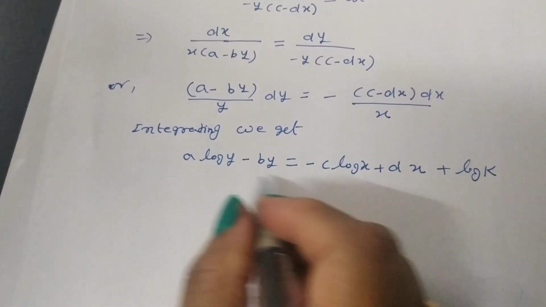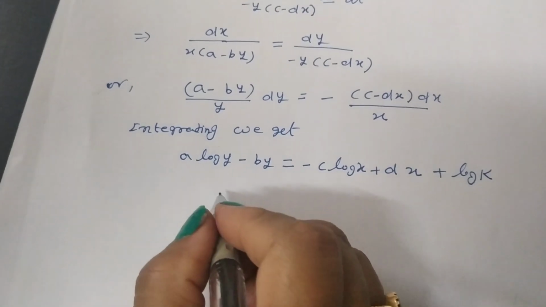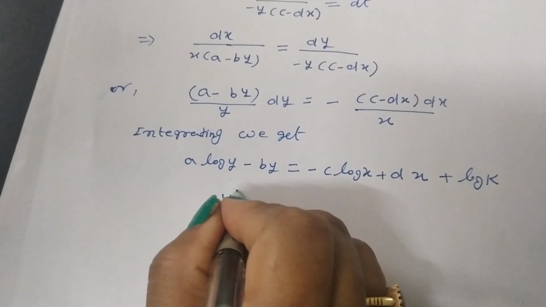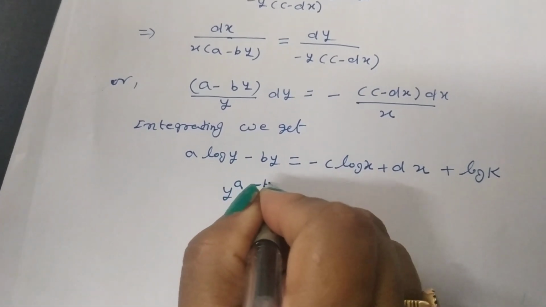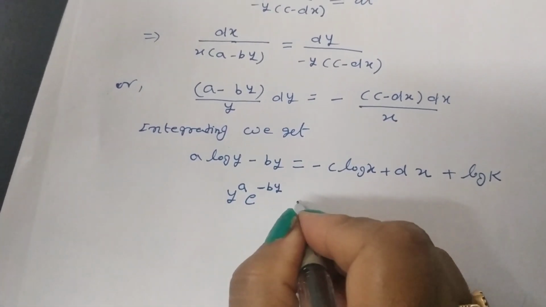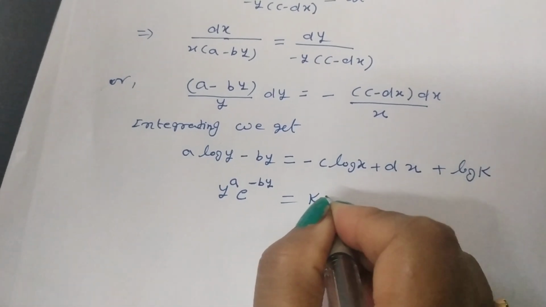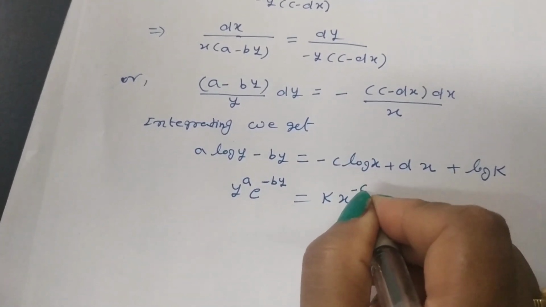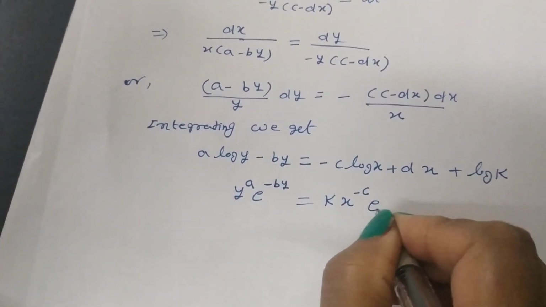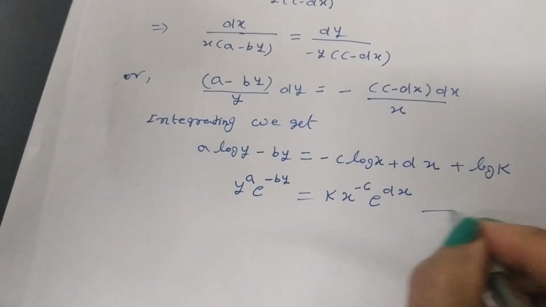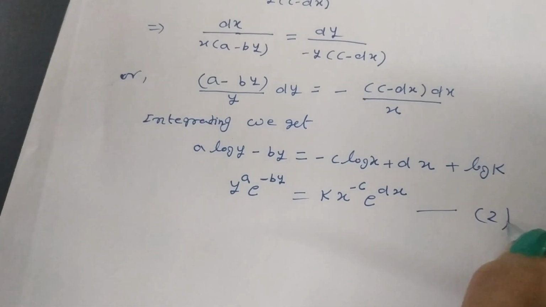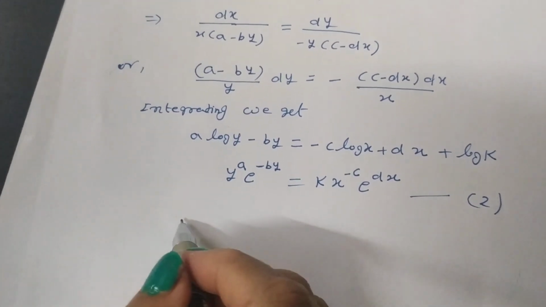So this can again be written in exponential form: y to the power a, e to the power minus by, is equal to k x to the power minus c, e to the power dx. Let us suppose this is equation number 2.